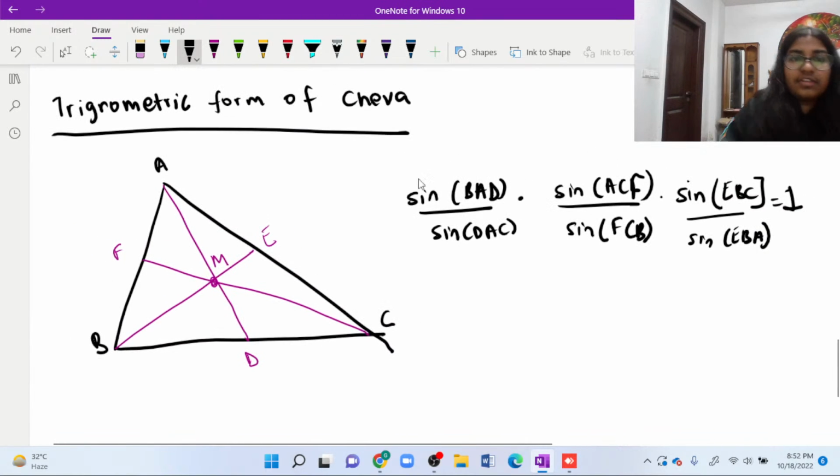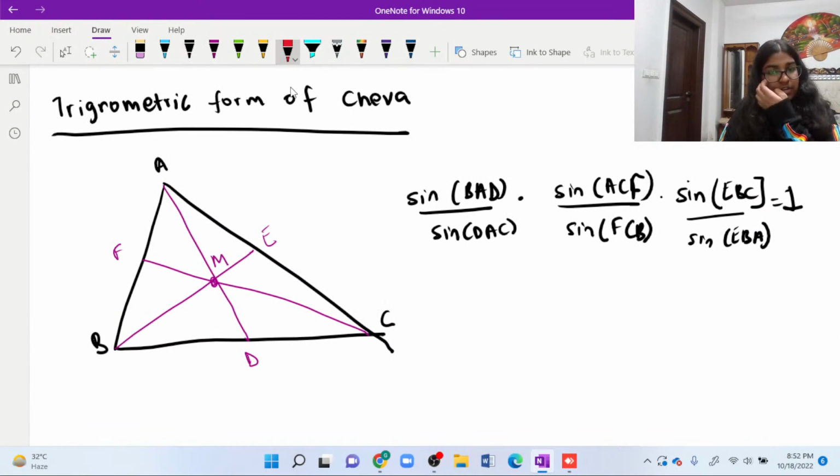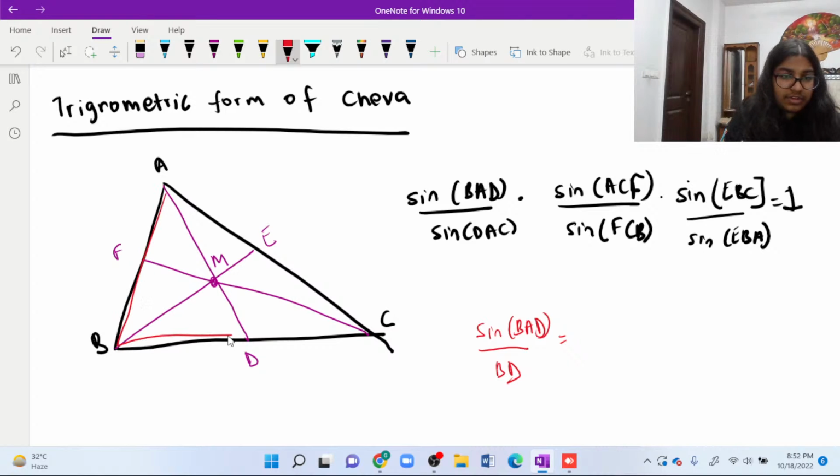And it's quite easy to prove using sine rule, and I'll just prove that real quickly. So sine BAD by BD, that's sine rule in this triangle. So that is equal to sine of this angle.